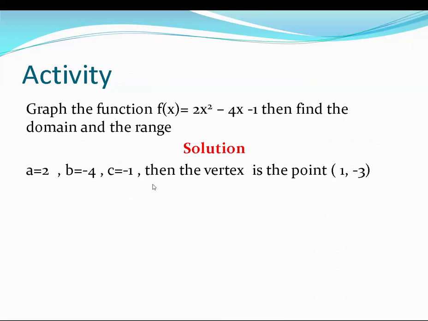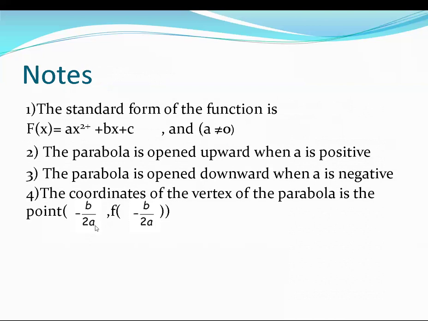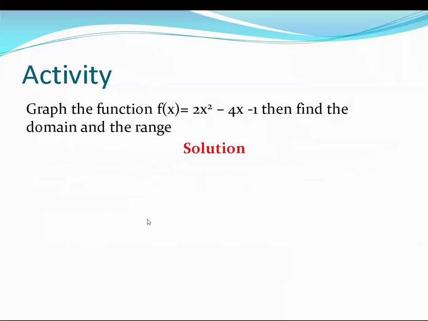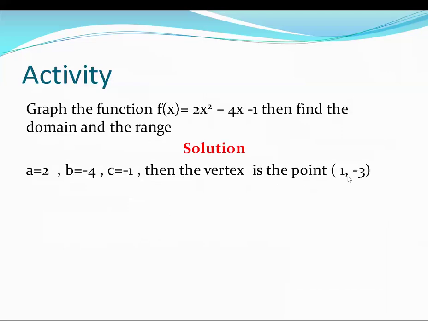Why? Use the formula negative b over 2a, and f of negative b over 2a. The point equals (1, negative 3). And the graph opens upward, because the coefficient of x squared is positive.